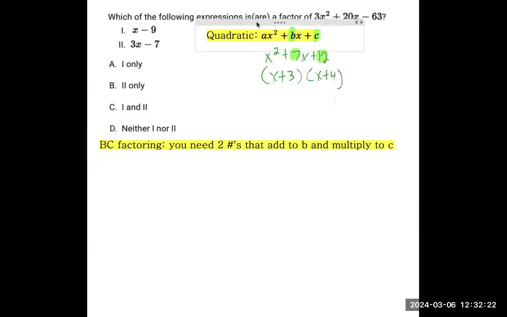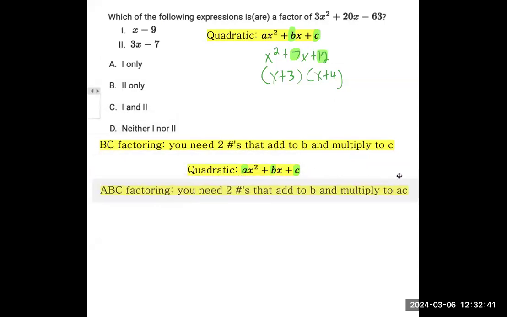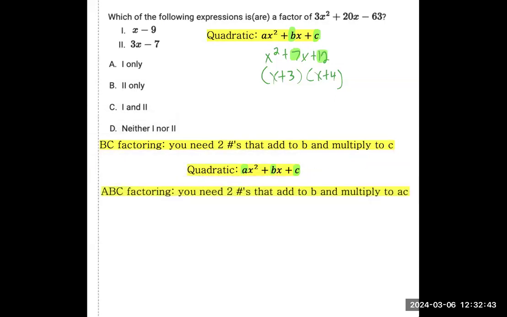However, if we had another quadratic that was in an ABC form, in other words, if we have numbers in all three of these spots, we have to change our saying a little bit, and now we need two numbers that add to B and multiply to AC.